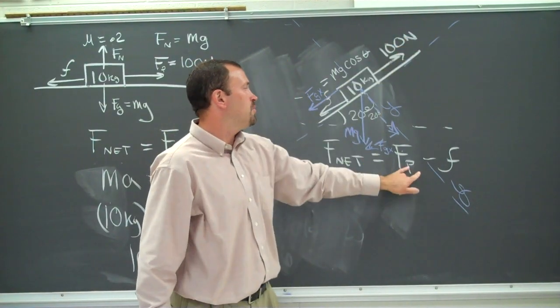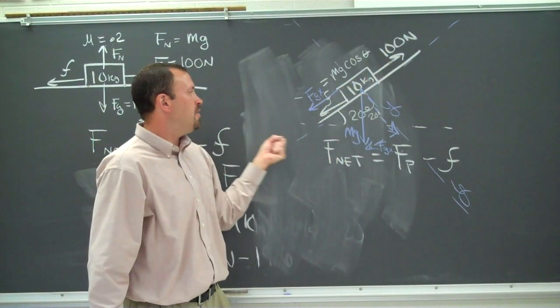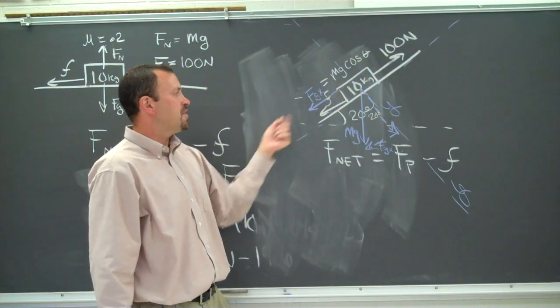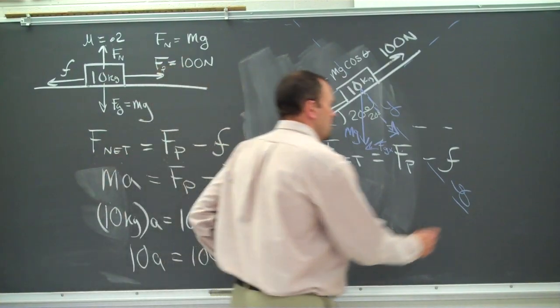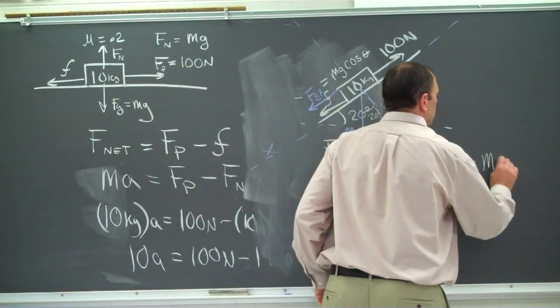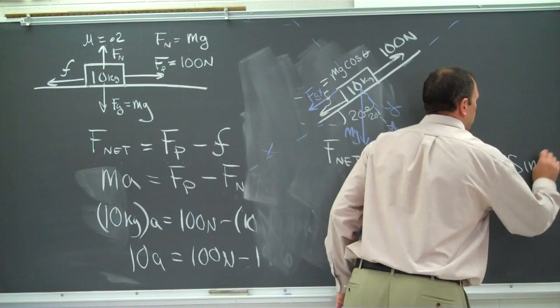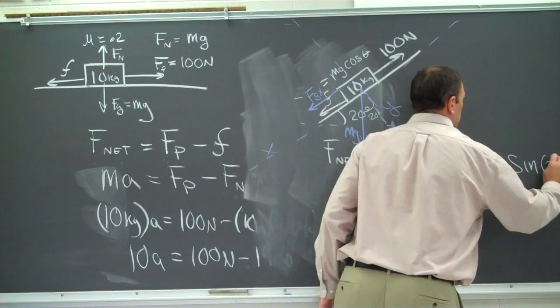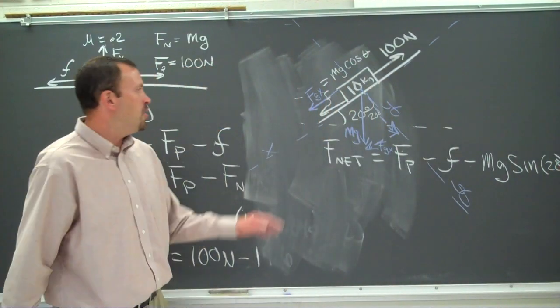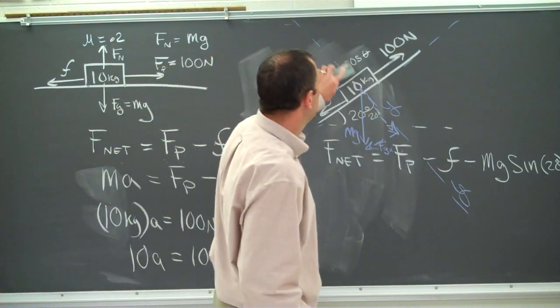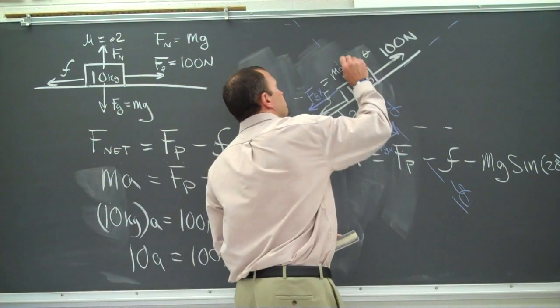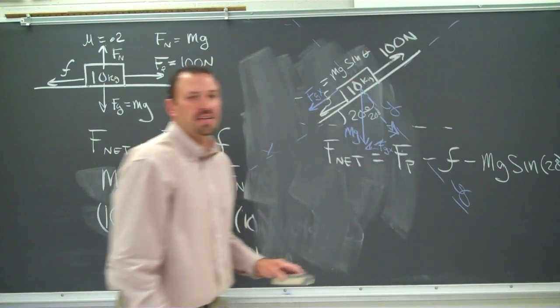So my F net's going to equal this pull, but I'm taking out my frictional force, and I'm taking out the amount of the gravitational force that works down the ramp, Fgx, that we can label as mg sine 20 degrees. Okay, so there's the component of my force down the ramp, and I wrote cosine here. Sorry about that. Sine theta in that case.